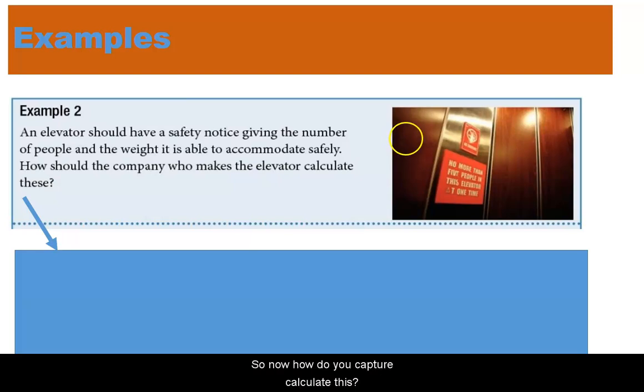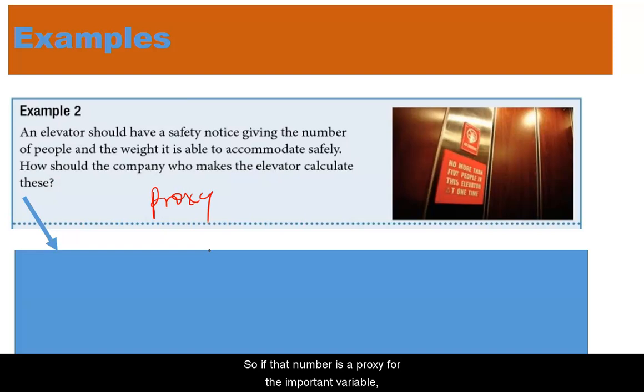So how do you calculate this? Again, the number of people allowed in the elevator at one time is only a proxy, right?